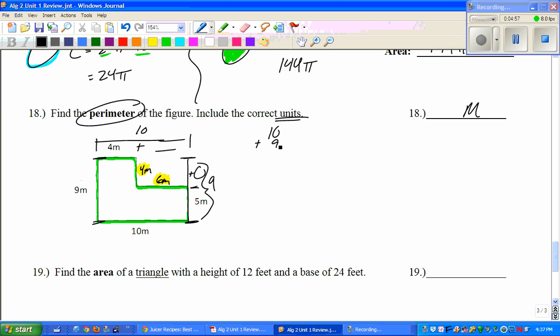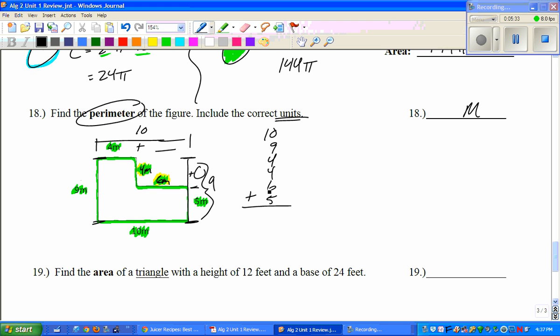10 plus 9, the 4, the 6, oh, hold on. The hardest thing about this is you're going to forget a number. So here we go. We got 10, 9, 4, don't forget that 4, then we got that 6, and then we got the 5.